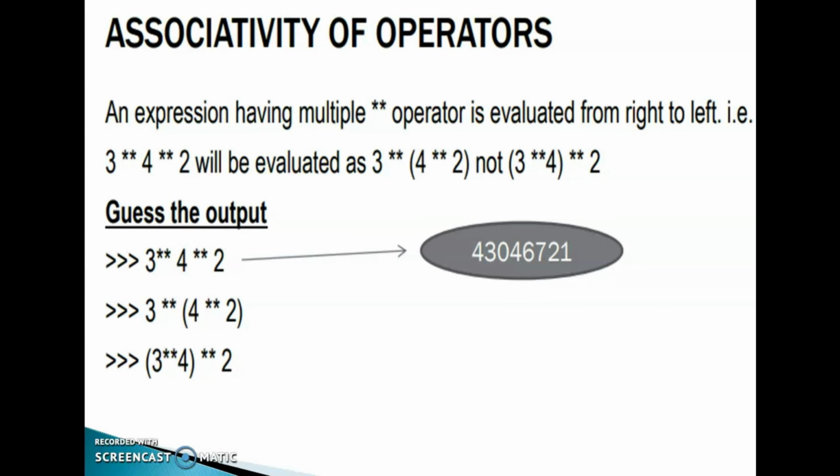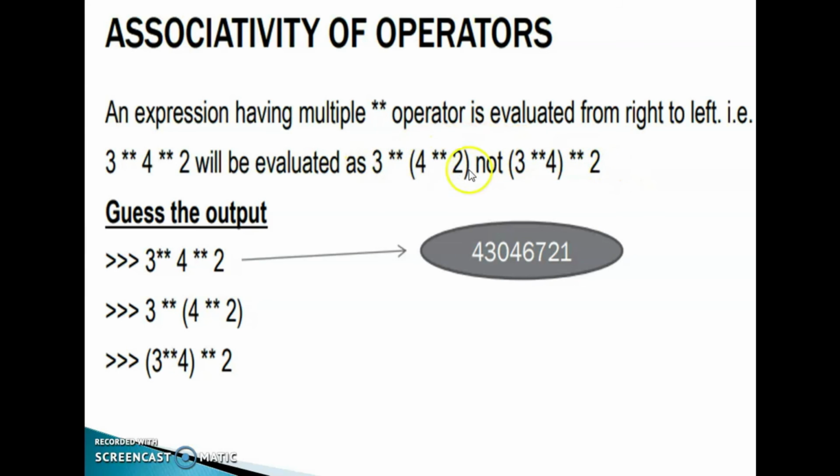Then associativity of operators. An expression having multiple double star operators is evaluated from right to left. That is, 3 double star 4 double star 2 will be evaluated as 3 double star, the result of 4 double star 2, not 3 double star 4 first and then double star 2.